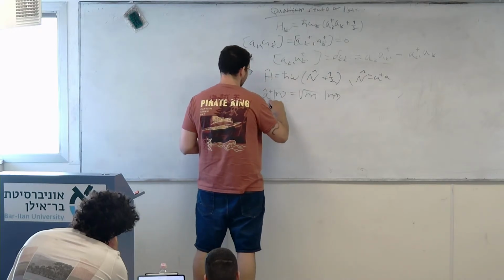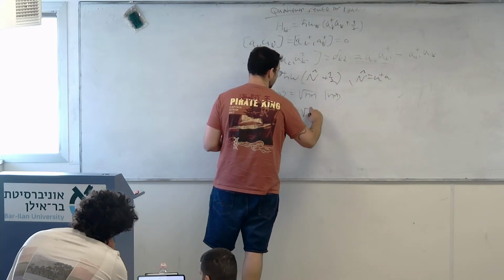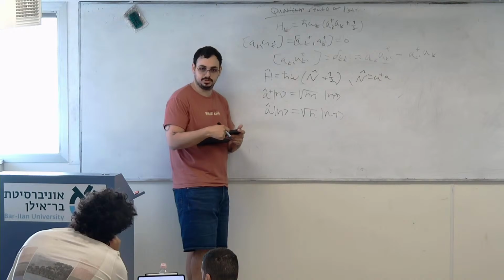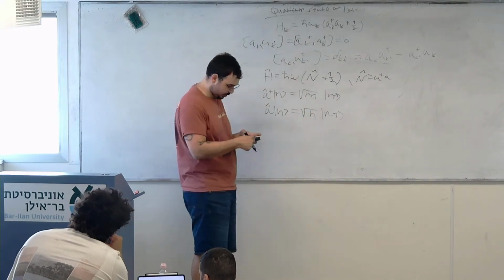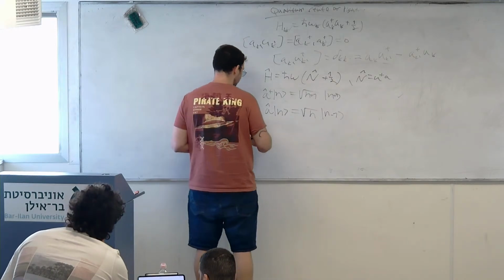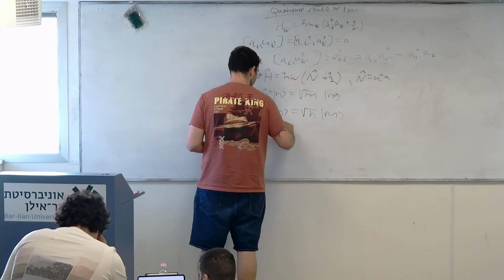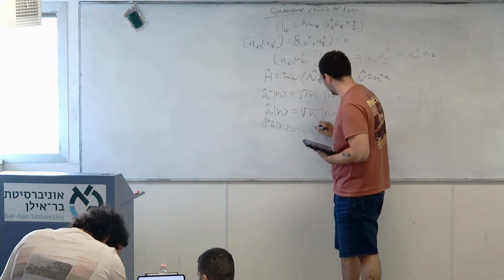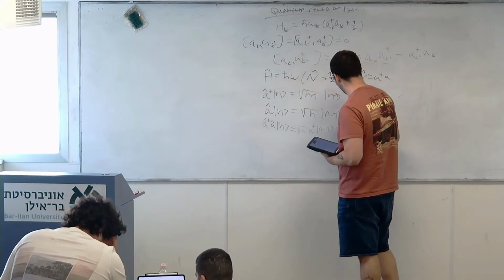And the annihilation operator would reduce us one state and give us a normalization factor of square root of n, not n plus 1. So if we take a dagger a on n, we get square root of n, a dagger on n minus 1, then n, n.